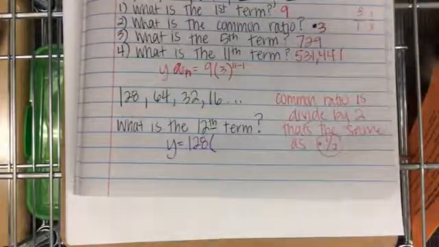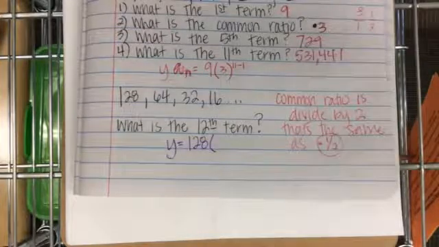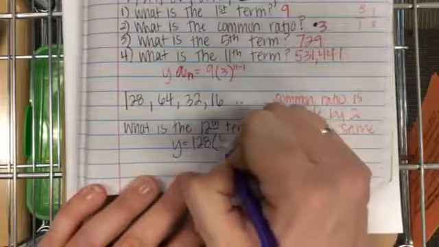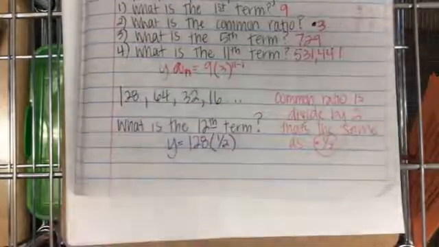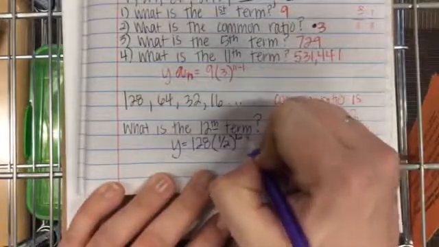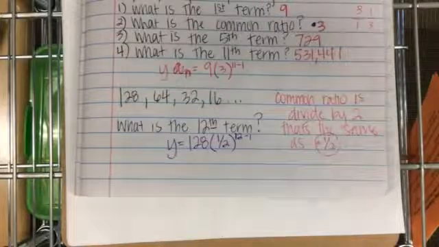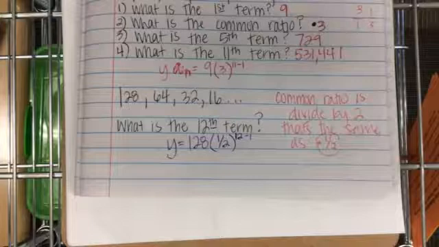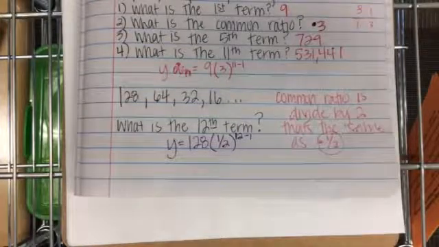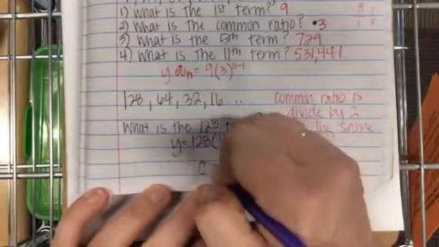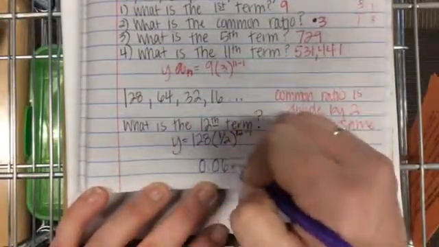What do you do each time? You divide by 2 each time, but I want the multiply version of it. Instead of divide by 2, times 1/2. And my exponent is 12 minus 1. What's the 12th term? 0.0625.